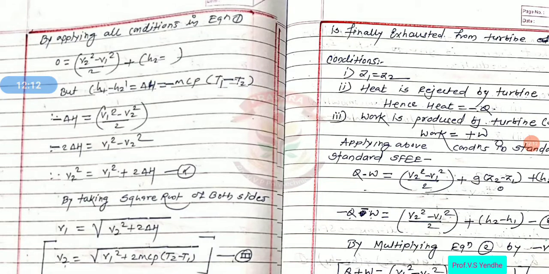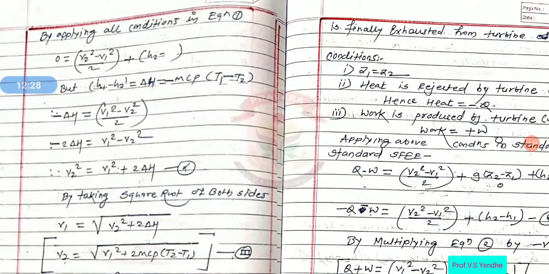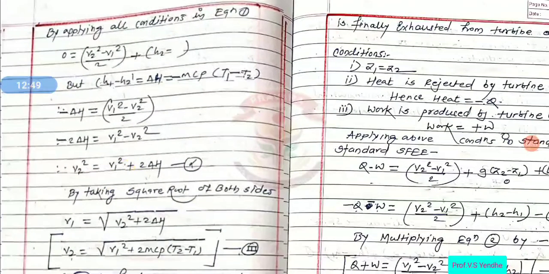So after the calculation we get minus delta H is equal to (V1 square minus V2 square) divided by 2. Then that 2 goes to the other side, so it becomes minus 2 delta H is equal to V1 square minus V2 square, so V2 square is equal to V1 square plus 2 delta H, because both minus signs become plus.